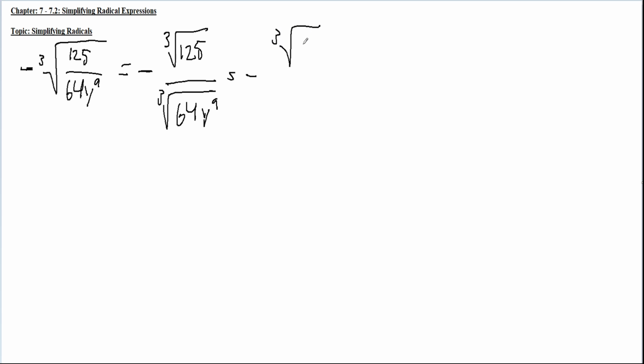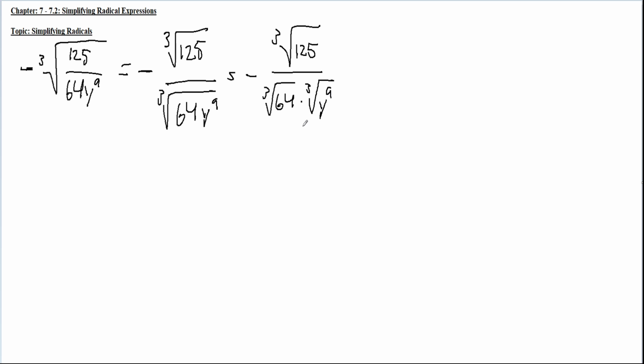So using my definitions for division, I would have negative cube root of 125 divided by the cube root of 64 times y to the 9th. And then breaking apart my denominator, I would have the cube root of 64 times the cube root of y to the 9th, okay?